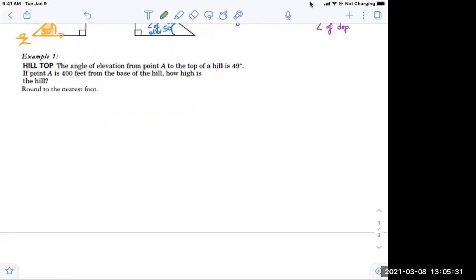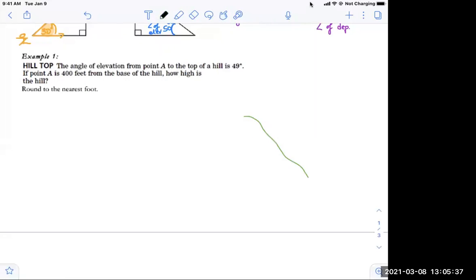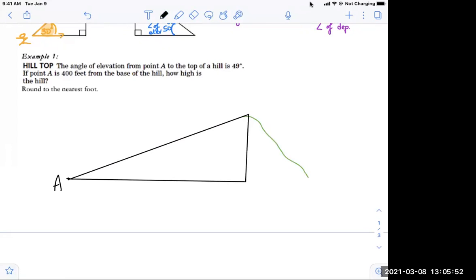Okay, so here's the hill. It says that the angle of elevation from point A to the top of the hill, and then I'm going to drop the vertical here so we can have our right triangle there. The angle of elevation from point A to the top of the hill is 49 degrees.